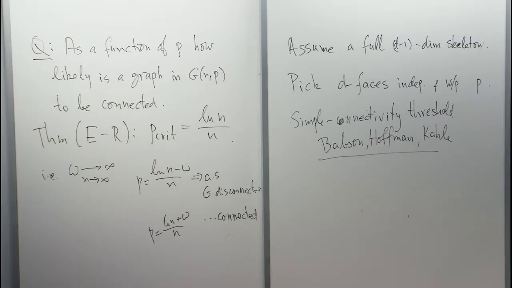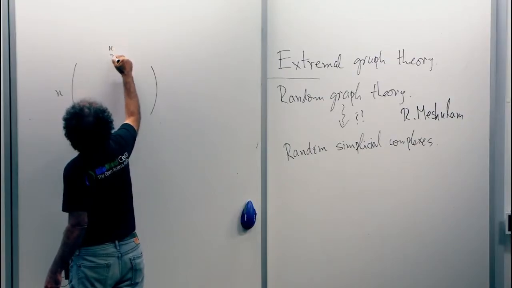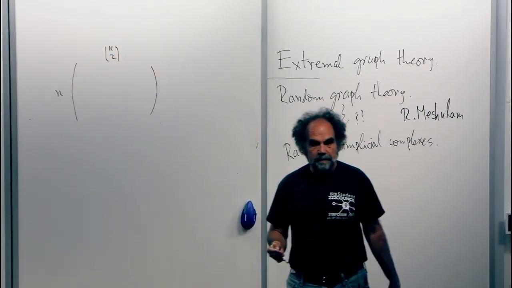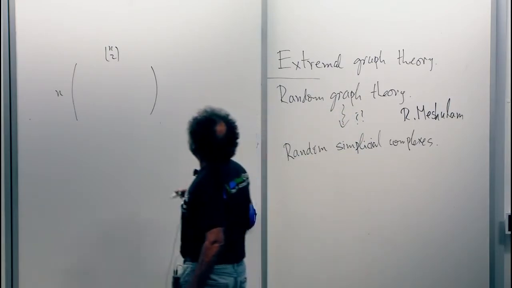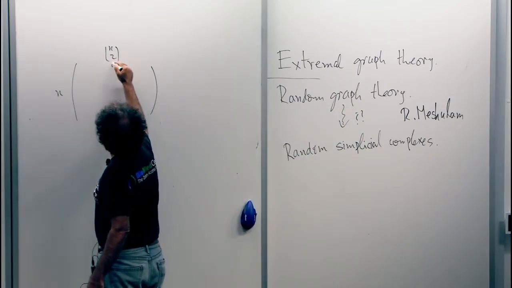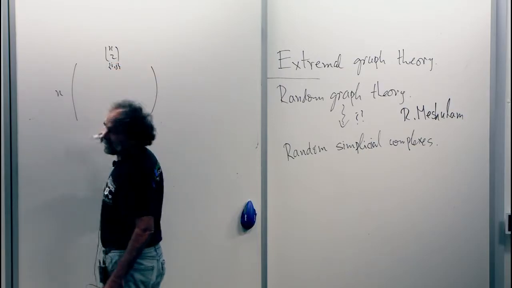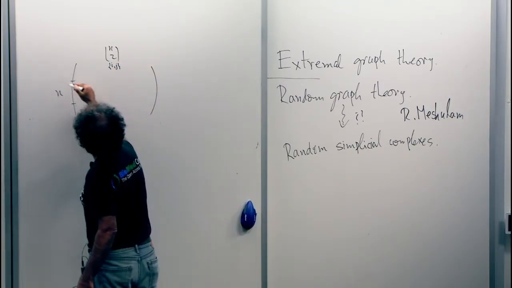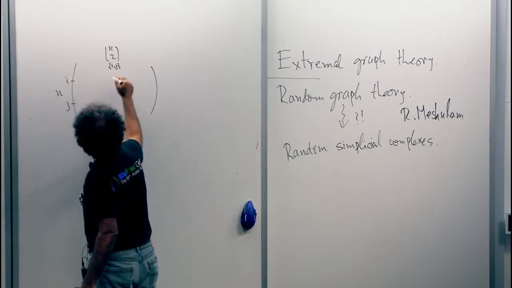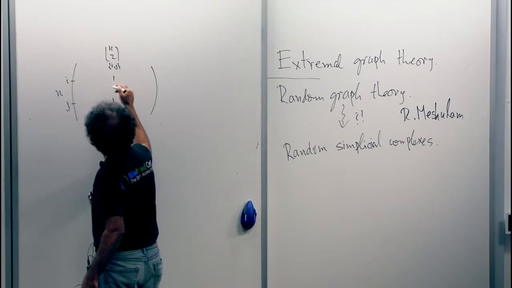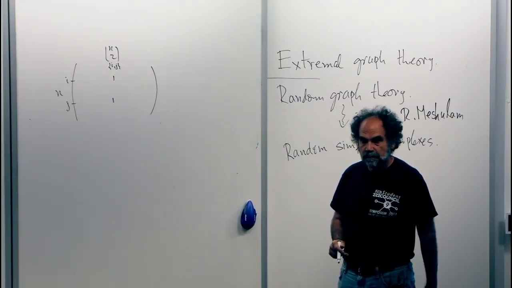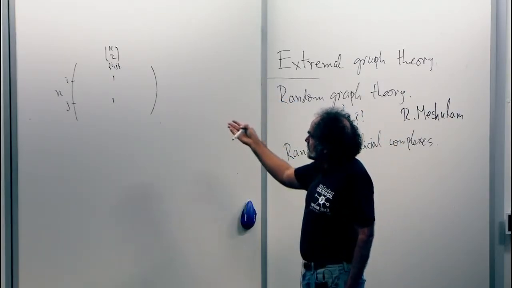So what does GNP look like? Well, there is this inclusion matrix of the singletons versus the pairs. The columns correspond to all the pairs ij from 1 to n. And this column, numbered ij, has two ones, one in i and one in j, and zeros elsewhere.